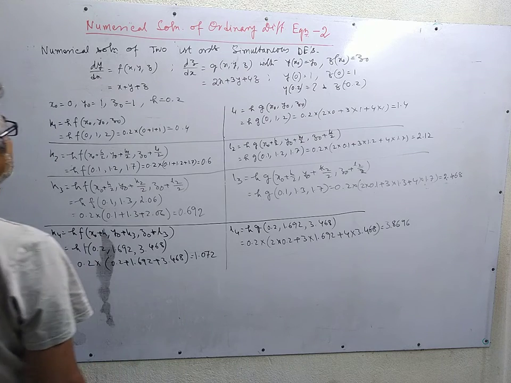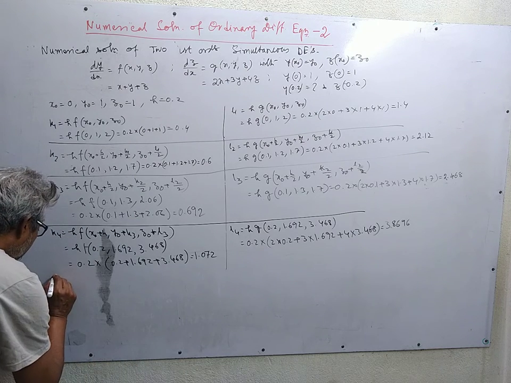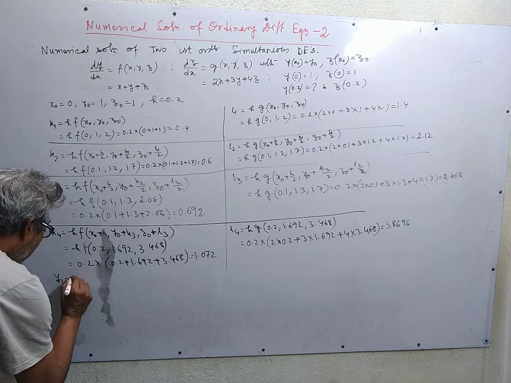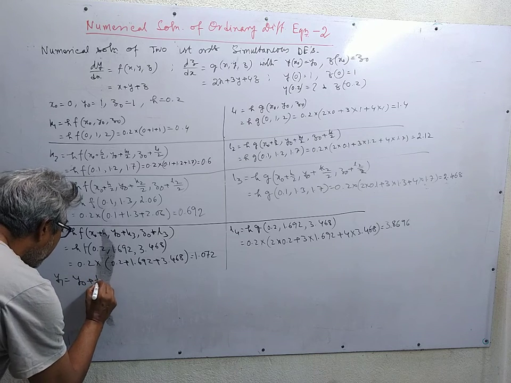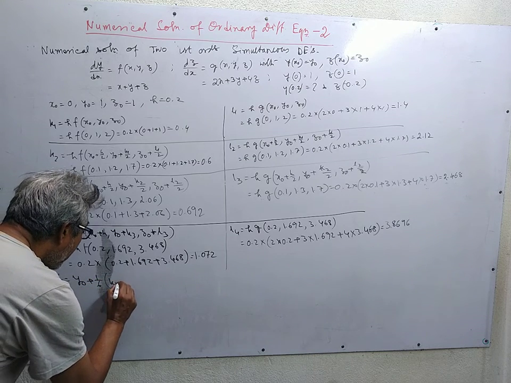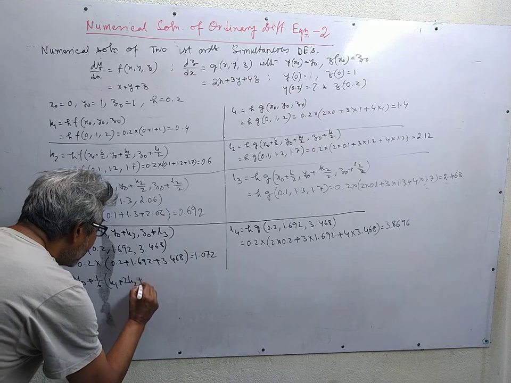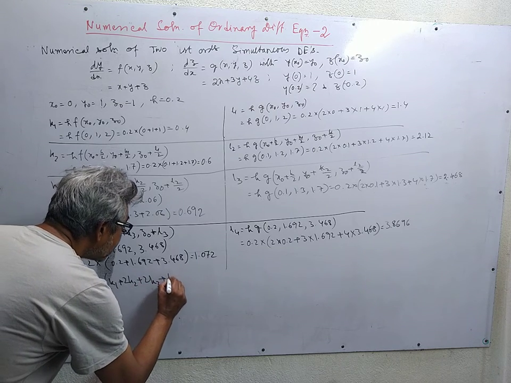Now, y1 is y0 plus 1 upon 6 k1 plus 2k2 plus 2k3 plus k4.